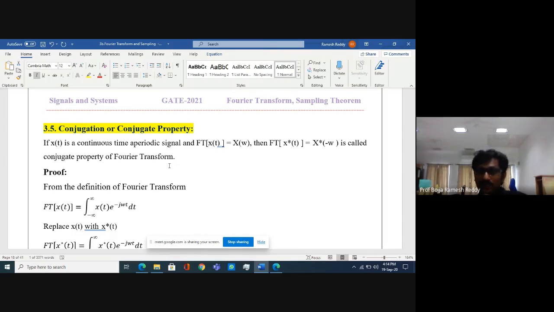In time domain, only conjugate, but in frequency domain, we need two things. One is conjugation, another one is folding. Folding is also included in this property.